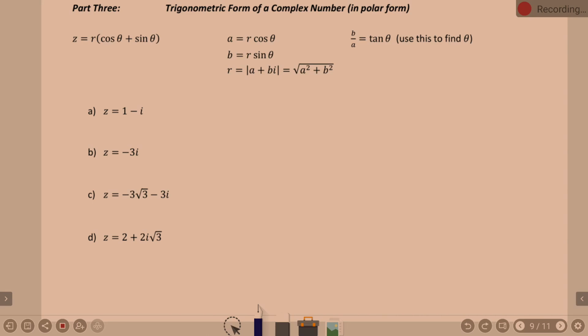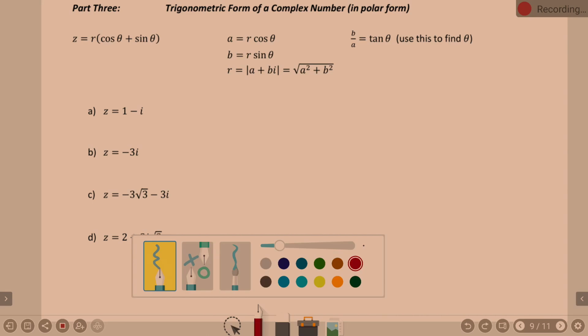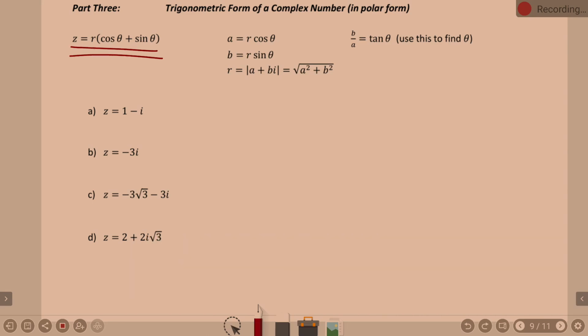This formula right here is what is going to help us take a complex number and put it in trig form. Okay, or that is our trig form, I guess. These other pieces are going to help us. So when you're asked to take a complex number, like one of these A, B, C, D parts, we're trying to get it into this form right here. Now, what do you have to know to get it into that form?